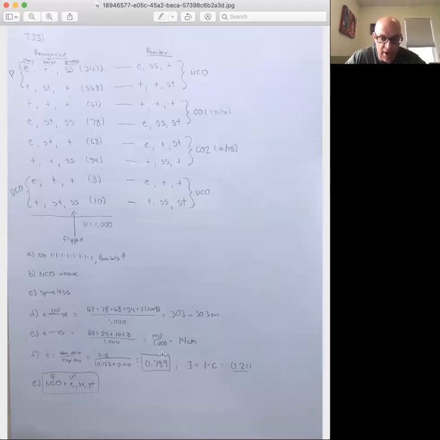We complete that equation. That equals 0.789. That is the coefficient of coincidence. We can put that into our interference equation. It didn't ask us this, but we could do that. And then the interference would be 0.211.